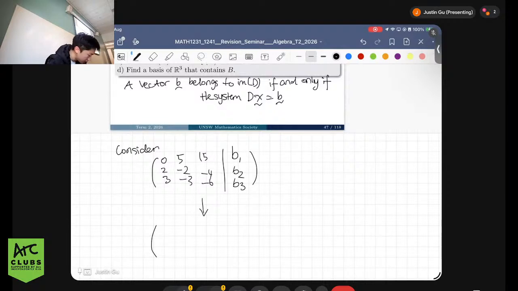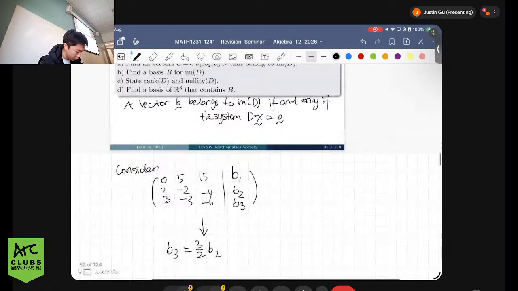What we realize is that if you look at this row and this row, if you times 3 on 2 to the second row, you get the third row exactly. So I don't even have to completely row reduce it. All we have to know is that B3 equals 3 on 2 B2.